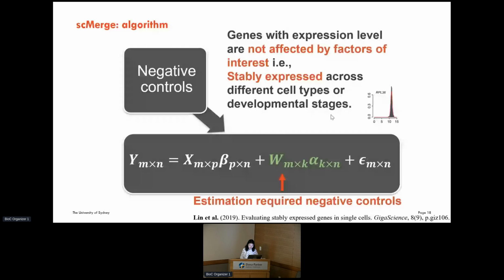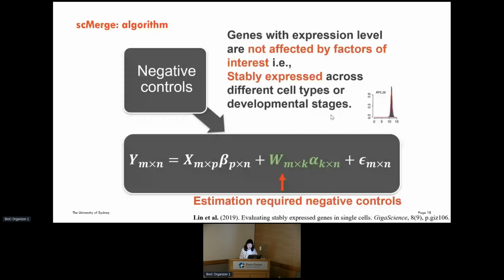And another part is that we need to use negative controls to estimate the unwanted variations. These are the features whose expression levels we think are not affected by the factors of interest, and they are stably expressed across different cell types or developmental stages. So basically, if we have some smart-seq data, it will be a unimodal distribution.